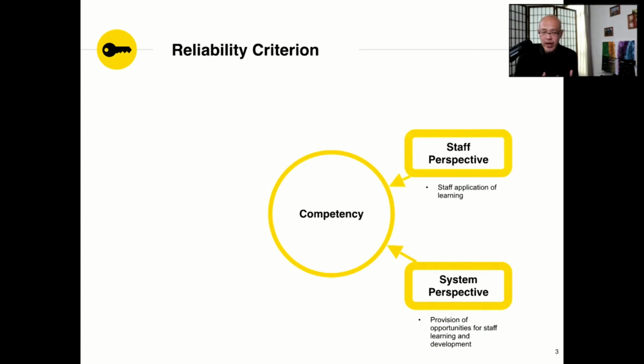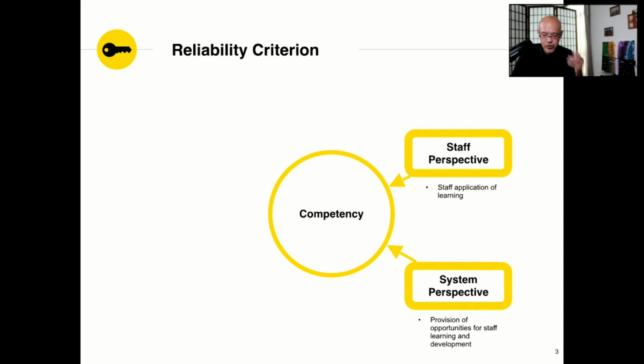But we all know that in a school context, that is not sufficient because having the teachers being able to implement certain strategies in the classroom is not the be all and end all. That, if anything, is a means to an end.